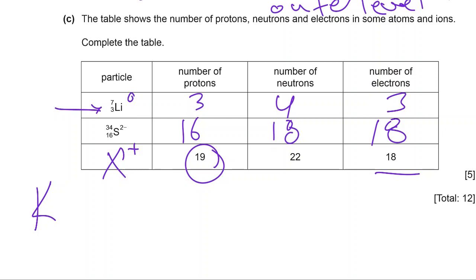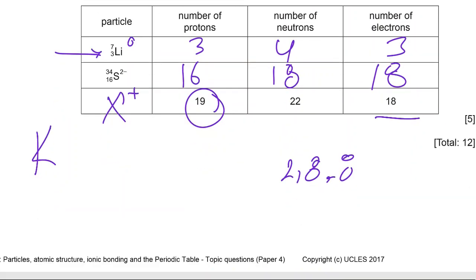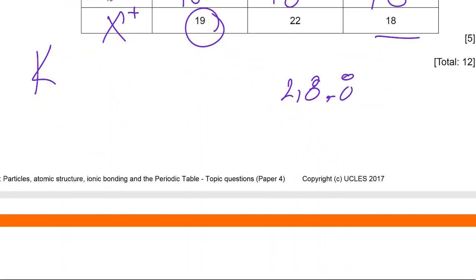How many electrons? 18. So 2, 8, 8 energy levels. Yes, it's potassium. Just let me check it in the periodic table. Yes, potassium. So next question.